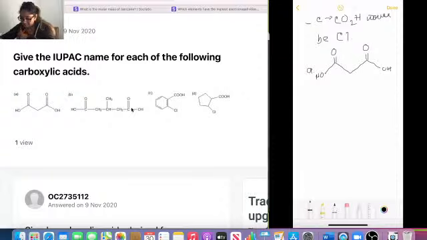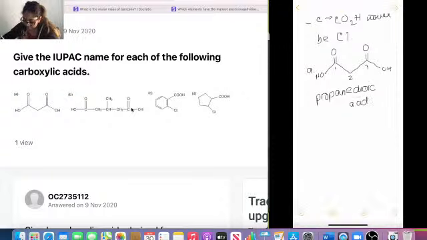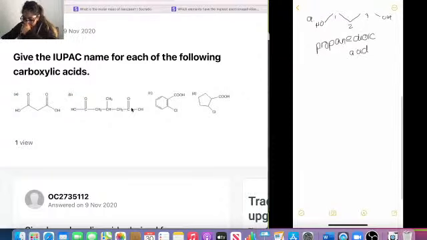If you count the carbon chain here, we have 1, 2, 3. If you recall, 3 is prop, and since we have 2, it's going to be dioic. So we have propandioic acid. Okay, so this is your propandioic acid.